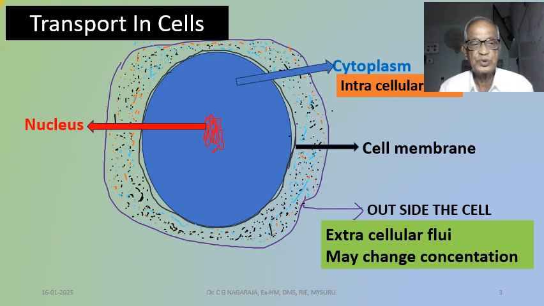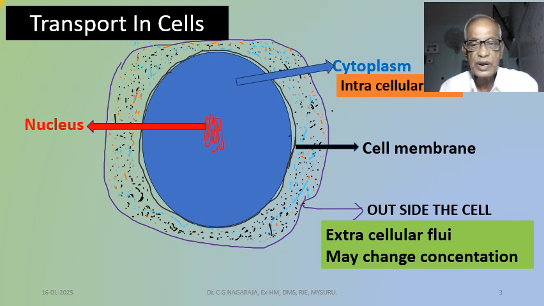Look at this diagram. I have drawn this diagram just to explain the basic concepts which you already know. There is a cell inside, drawn in blue, having a nucleus, and the cell has a boundary, shown in black ink, called the cell membrane or plasma membrane.